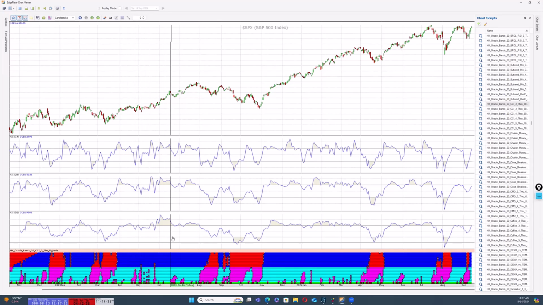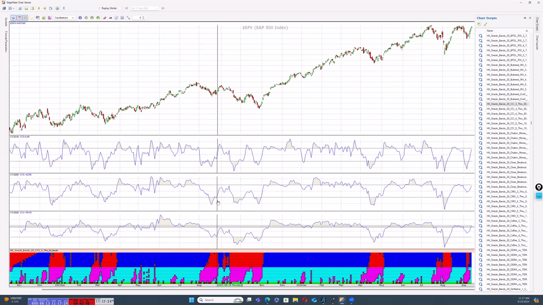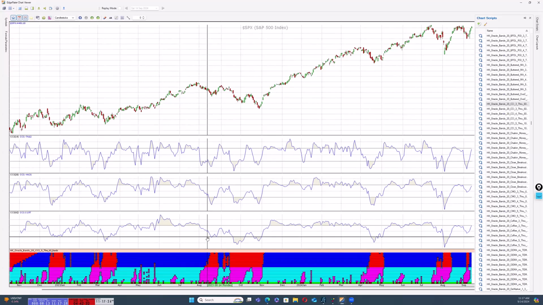So instead of trying to put all of these lined up all the way through a chart, where space is premium to me, this still shows me exactly when they're bullish, when they're bearish. And the difference between these and this is that these are faster traders, these are investors.